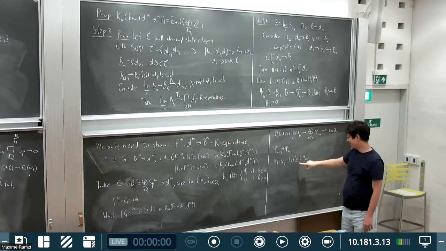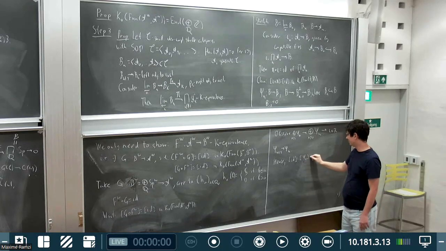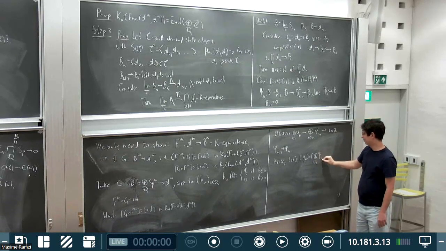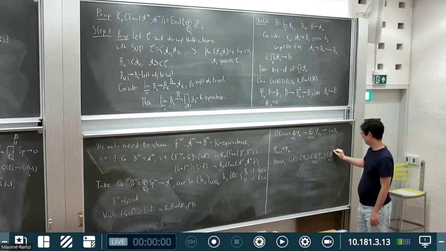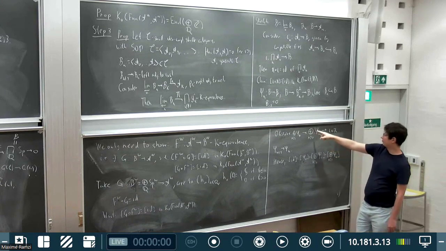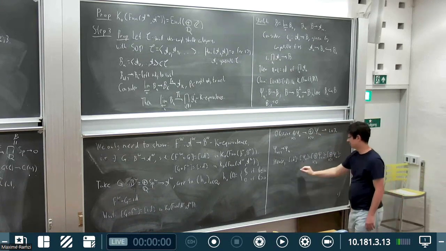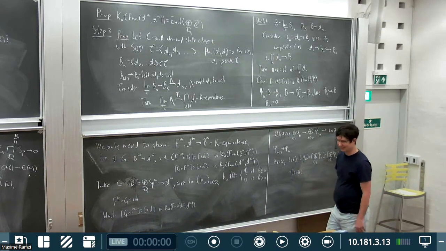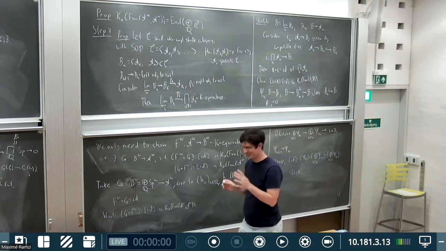The class of identity equals the class of psi 0, which is of course the same as the difference between the classes of the sum of psi n over non-negative n minus the class of the sum over n greater or equal to 1. But now we have this fiber sequence, so this is the same as the class of iota composed with pi. So it's not cheating, it's a legit argument.